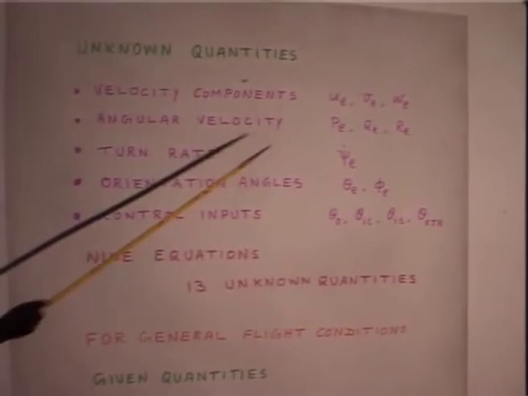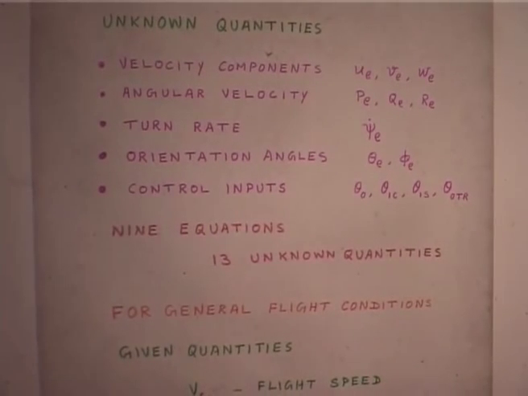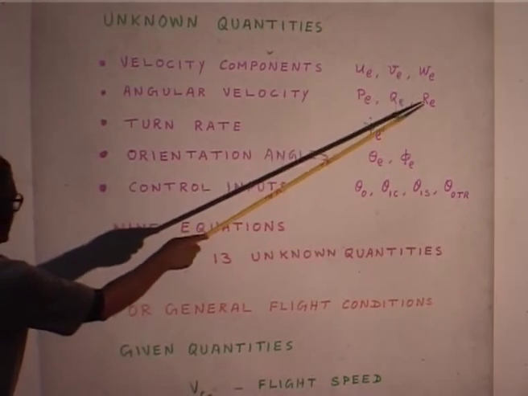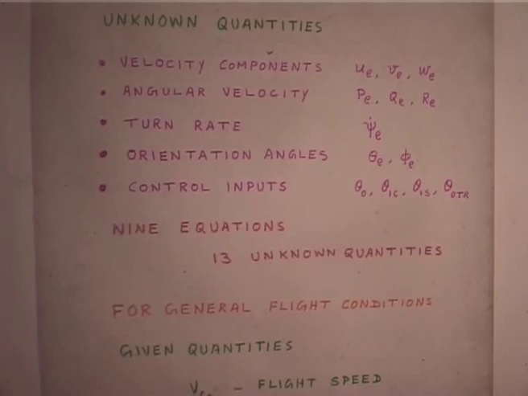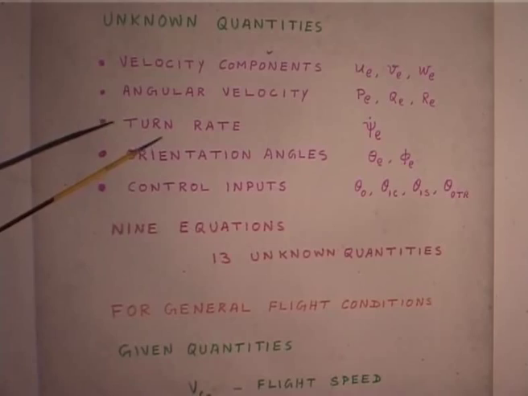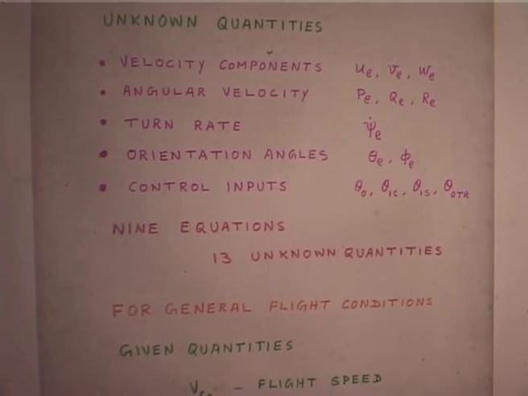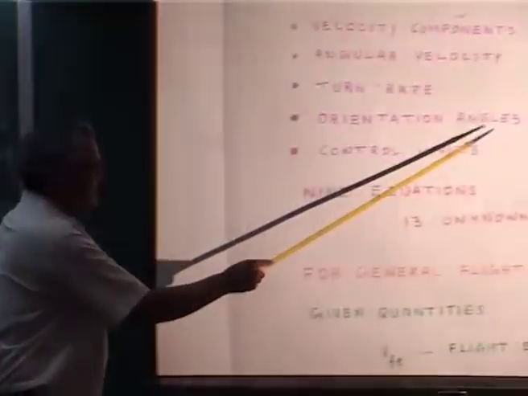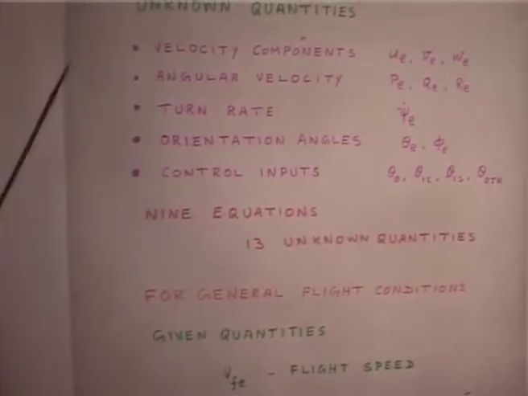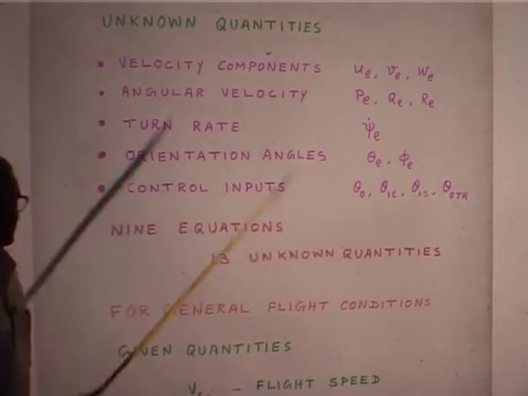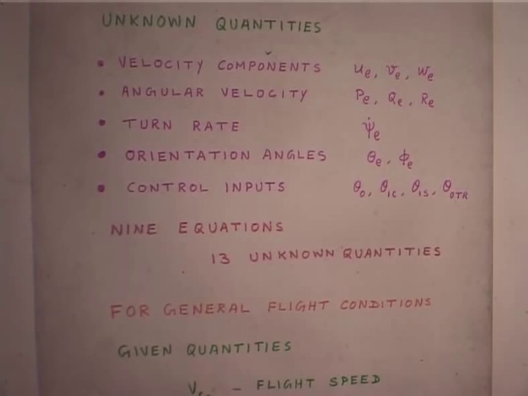I do not know what is UE, VE, WE. Angular velocity, PE, QE, RE, I put a capital because for equilibrium I just used a capital here, that is all. Otherwise it is P equilibrium, Q equilibrium, all the E is equilibrium. Then this is the turn rate, psi dot, and orientation angles, theta equilibrium, phi equilibrium, and then control inputs, 4.